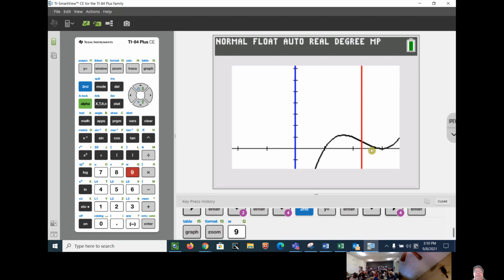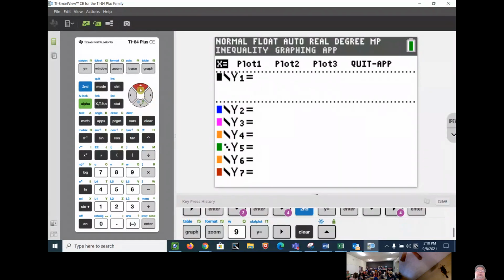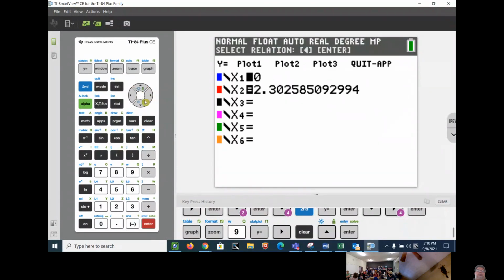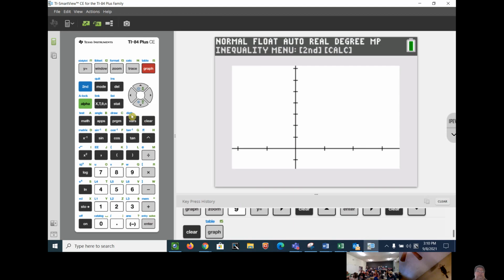And of course, let me clear this algebraic out of the way. Hold on, Y equals. Now hit graph, and hit zoom 9.